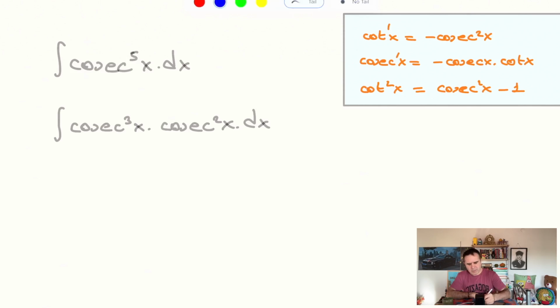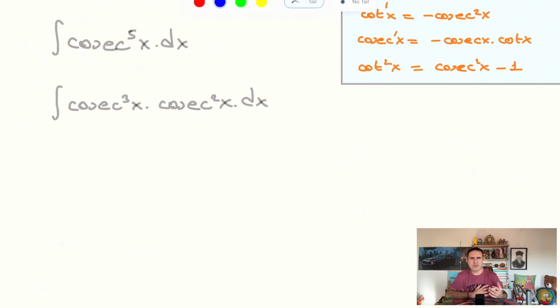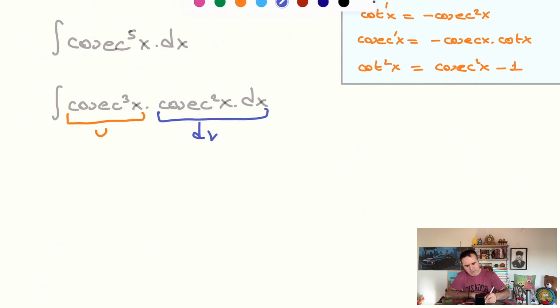Since the exponent here is high, we will reduce it, and while reducing the exponent, we always take the cosecant square of x part and split it from the other part, and then we will use the integration by parts method. Since we know that the derivative of cotangent x is minus cosecant square of x, we will say this part u and this part dv.